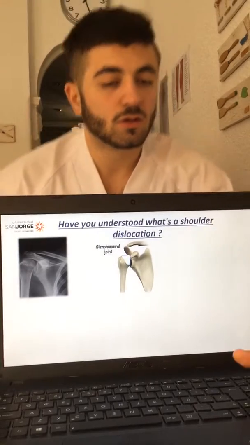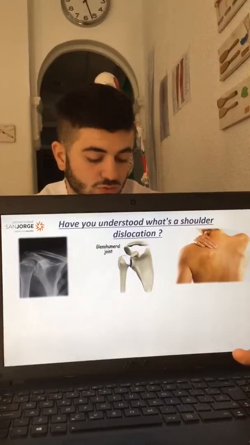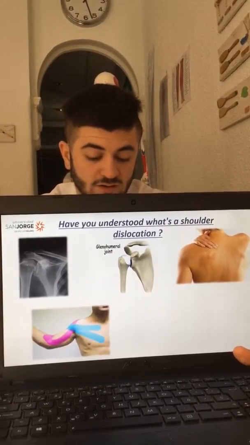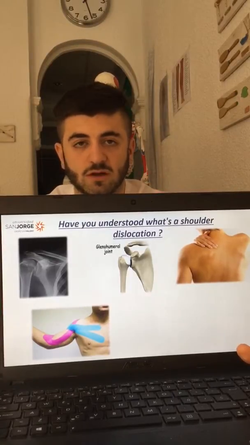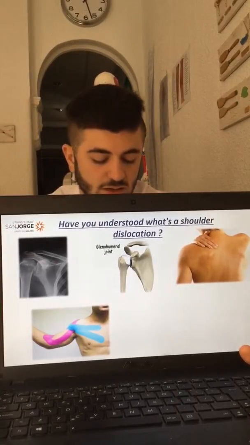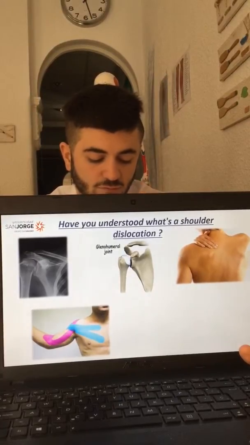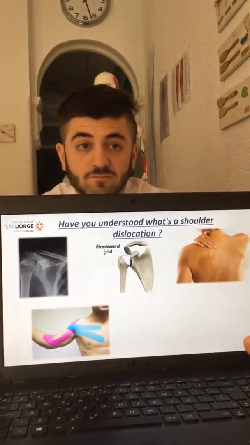Third, could you try to put your shoulder bones back into place? Fourth, after 4 weeks, an application of kinesiotape is a therapy application by physiotherapists to reduce pain. With these applications and after 4 weeks, could you return to play rugby or another sport?